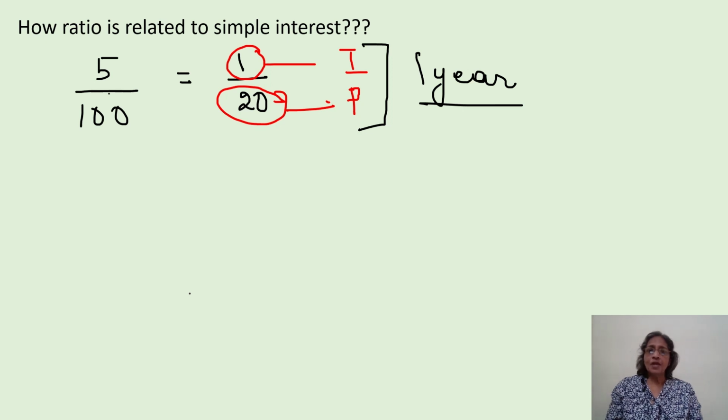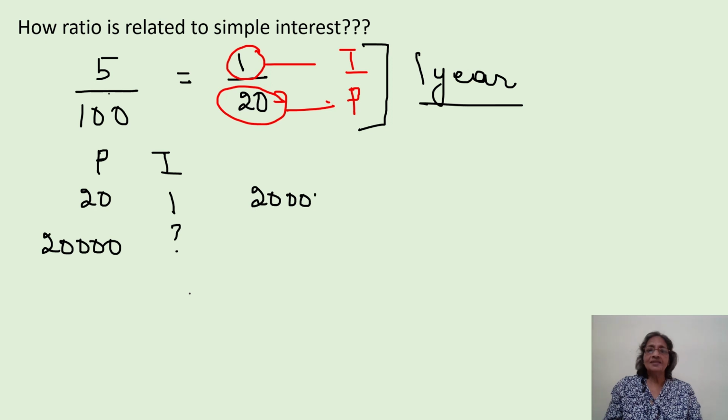Okay, so we'll go ahead with the same problem. Now it's very, very easy. I'll just put two columns here. Principal, interest. My principal is 20 and interest is 1. So if the principal is 20,000, the same example, how much is my interest? Which all of you can calculate very easily. And that is 1,000.